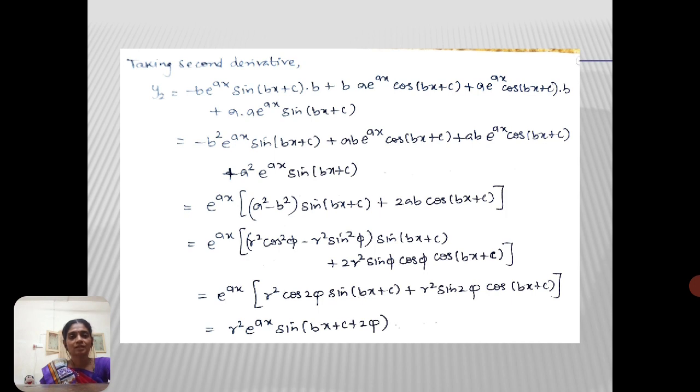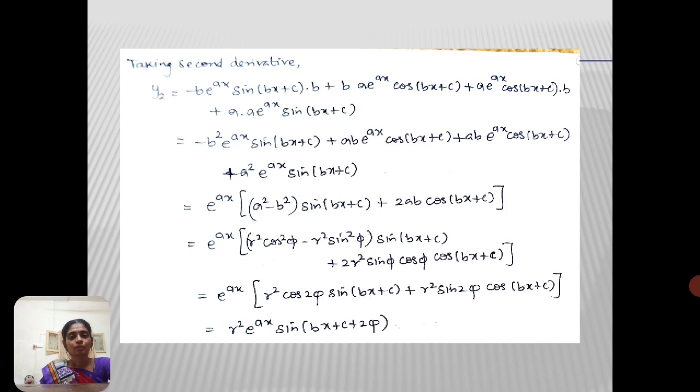That is minus b square e^(ax) sin(bx+c) plus 2ab e^(ax) cos(bx+c) plus a square e^(ax) sin(bx+c). Here e^(ax) is common in all the terms, so we can take e^(ax) outside. So taking e^(ax), we get (a square minus b square) into sin(bx+c) plus 2ab cos(bx+c).